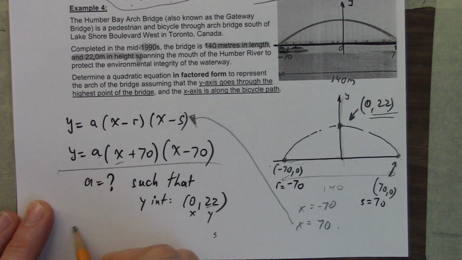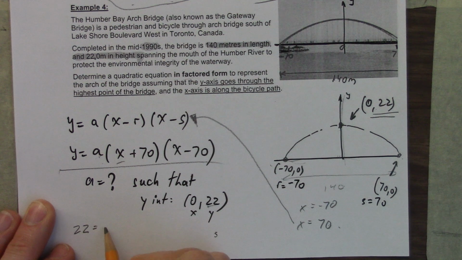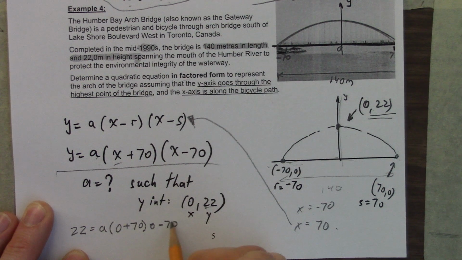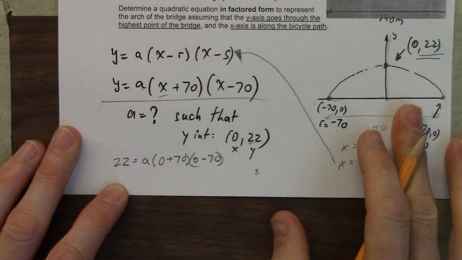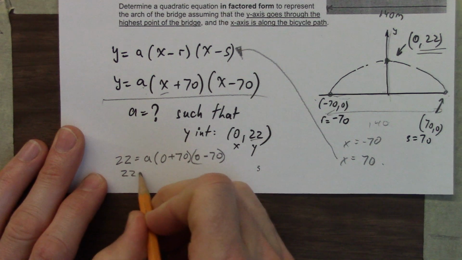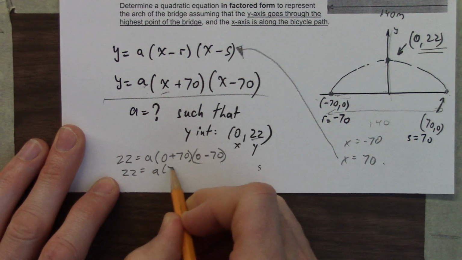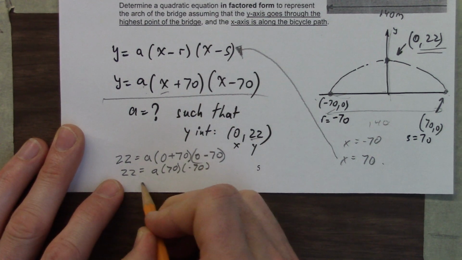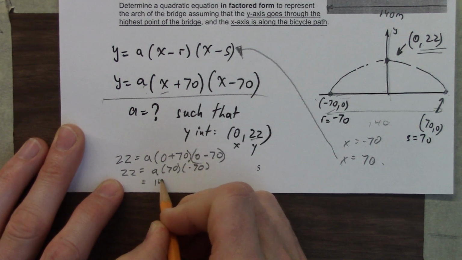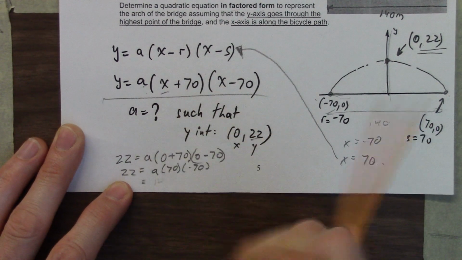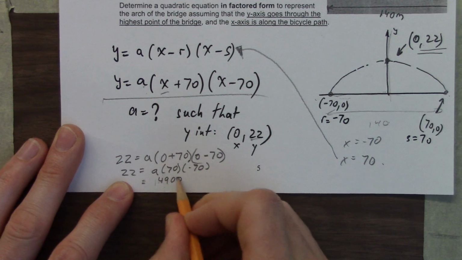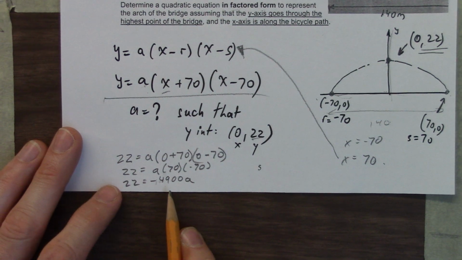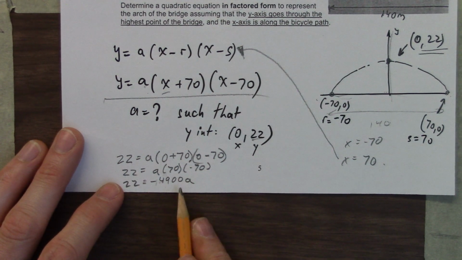Okay, so let's do it. I don't see the answer here, so we'll do 22 for y equals A, 0 plus 70, 0 minus 70. So we get 22 is equal to A, 70 times negative 70. So I think this is negative 4900 A. Negative 70 times 70, yes?